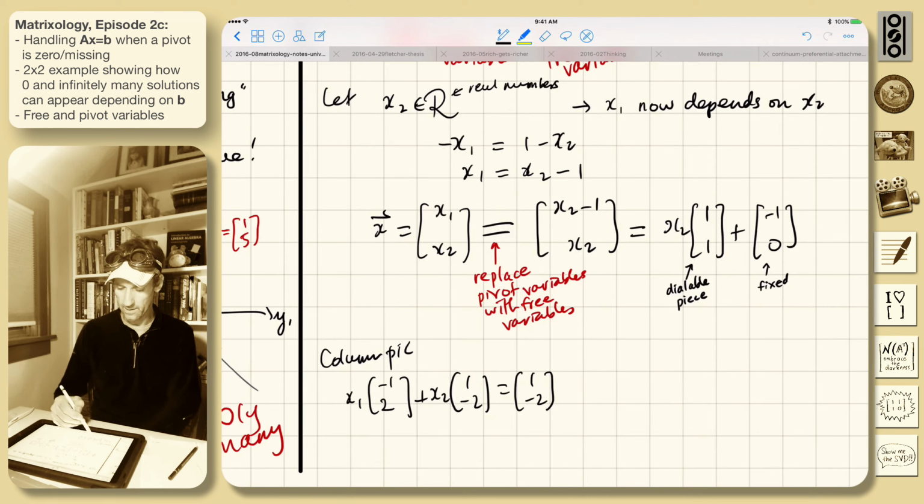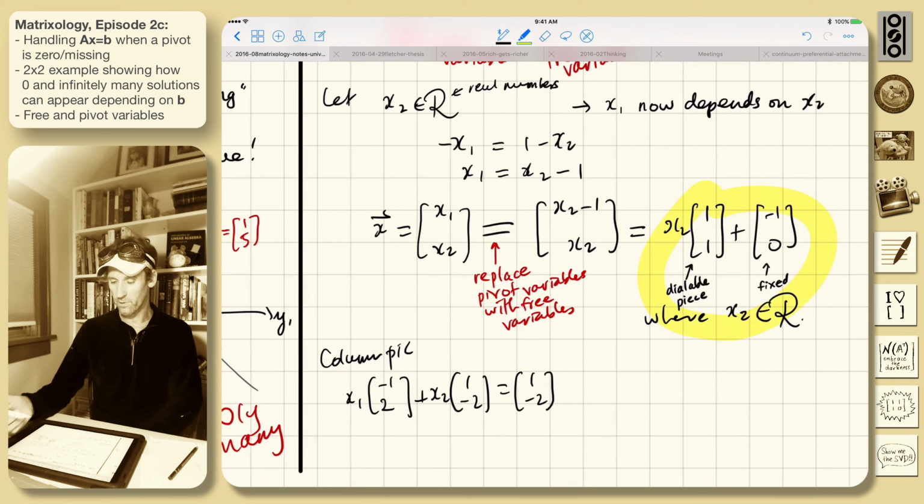You could say 0 and 1, that would work because these two match up, or minus 1 and 0. Now, there are infinitely many solutions. That's what this result was, x2 is an element of the real numbers. So that's our full solution: x equals some fixed one plus some multiple of this thing.